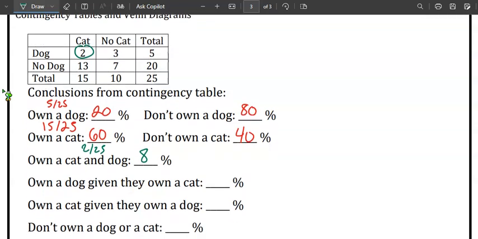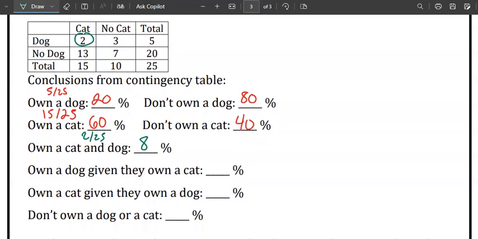Now, own a dog given that they own a cat, they would only be looking at this total. It would be 2 out of 15, about 13.3%.